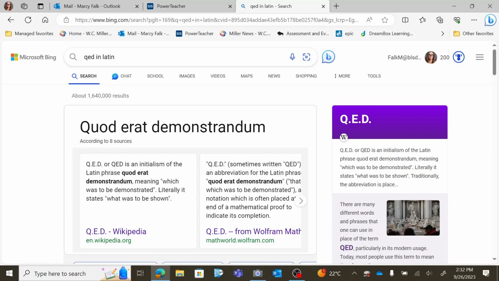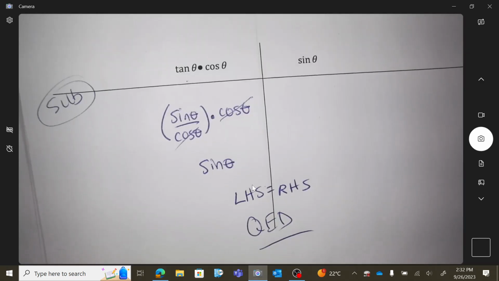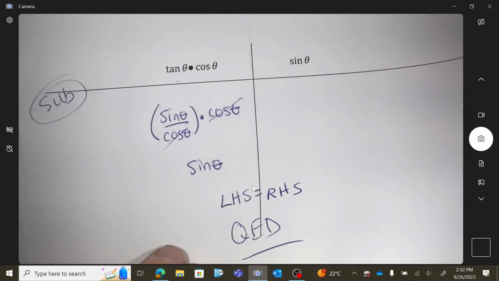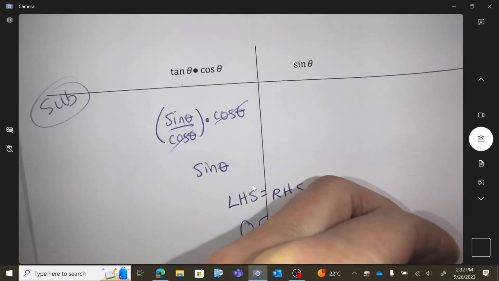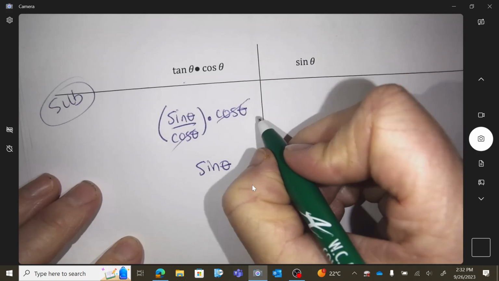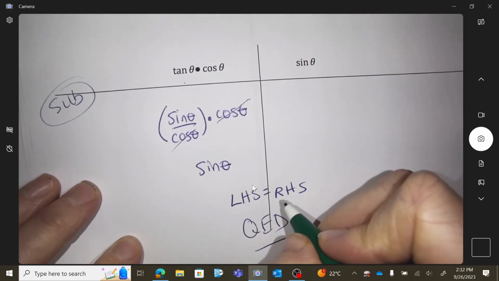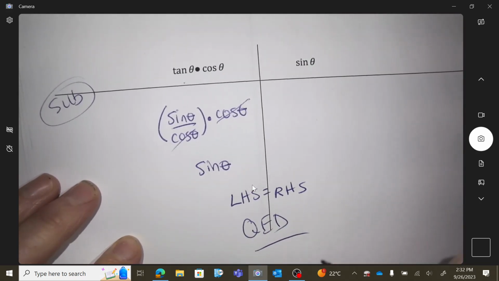So that's kind of fun. QED. I did it. That's what it means. Okay, so when you're doing a proof, here's another thing: we don't ever write an equal sign, ever, until the end, till we show it. So just work separately.